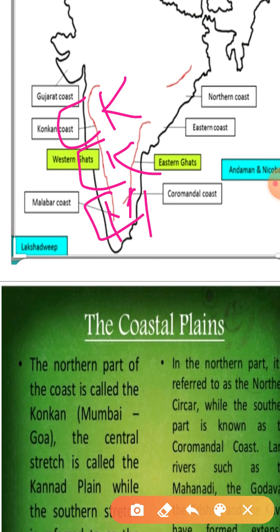So we can divide the Western coastal plain into three parts: Konkan coast, Kannada coast, and Malabar coast. North part is Konkan, middle part is Kannada, and southern part is Malabar coast.